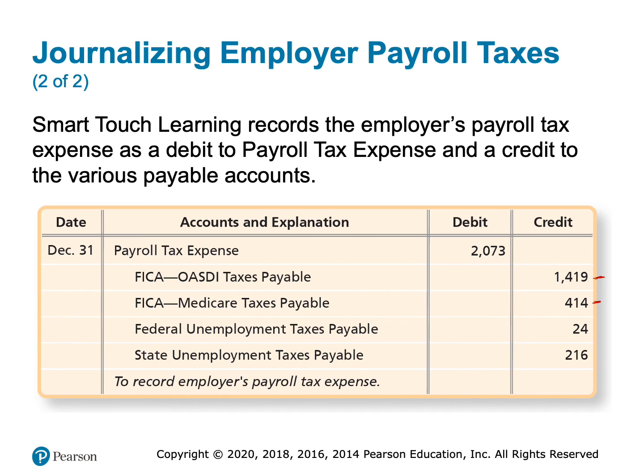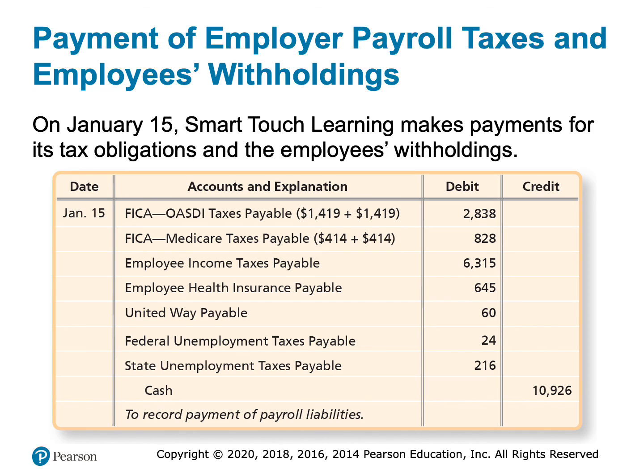If you remember, the employee's gross pay was 28,000 something, but it's actually costing the employer out of pocket over 30,000, because they have to pay not only that 28 plus an additional 2,000. So notice that when the employer makes their payment to remit all of these liabilities to the various government agencies, they're paying double the Social Security than what was withheld from the employee's paycheck, double the Medicare.